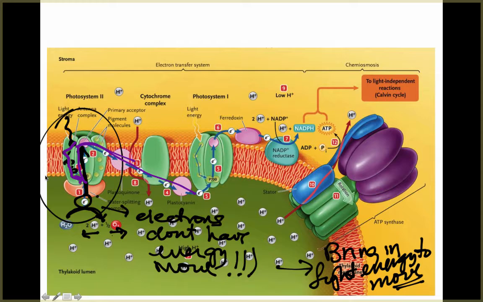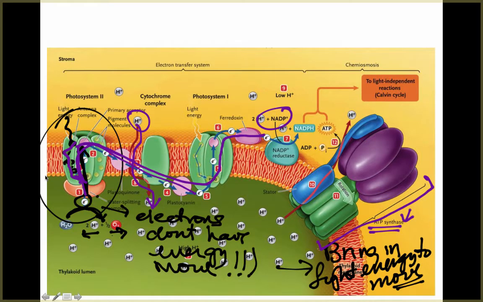Okay. As we do this, you'll notice things like hydrogen start pumping to one side, right? That's important because if you remember last time that we talked about cellular respiration, we needed hydrogens to activate ATP synthase, right? So basically this whole time, the electrons are going to move through here and then they're going to dump on NADP plus to make NADPH, okay?